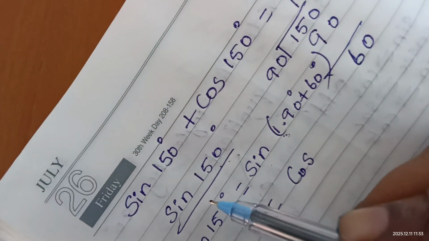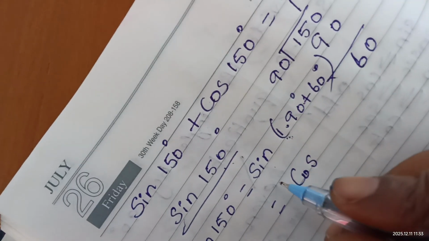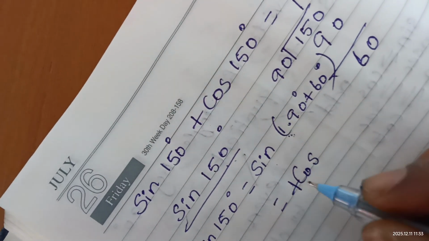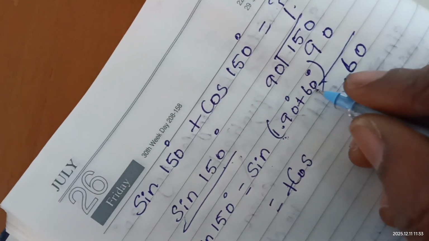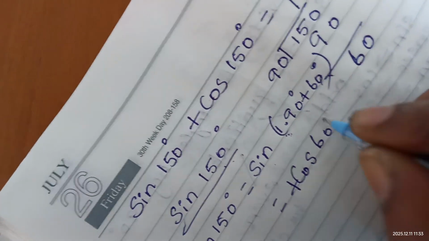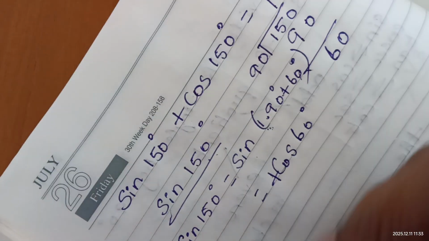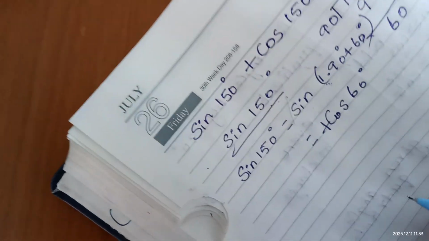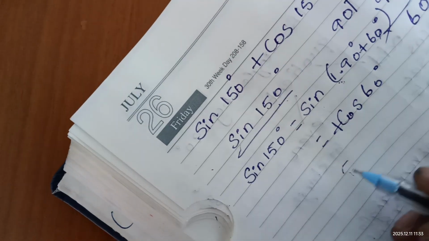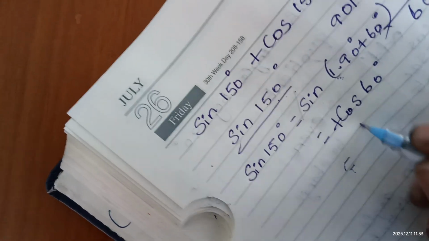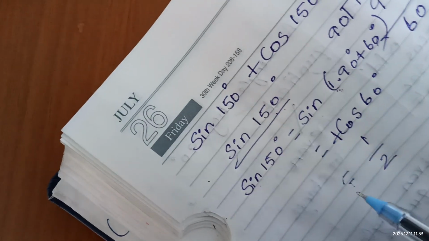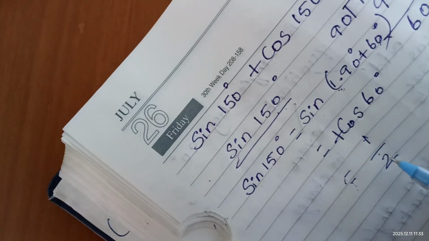Is it positive or negative? Positive. So it will be plus. So cos, the remaining value, 60 degree. What is the value of cos 60 degree? Good. The value of cos 60 degree is 1 by 2. That means sin 150 is equal to 1 by 2.